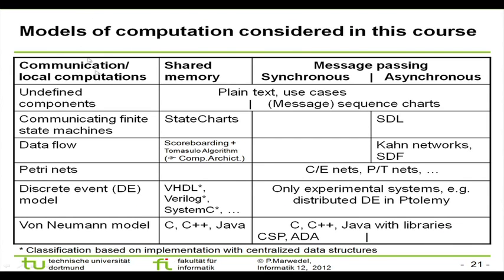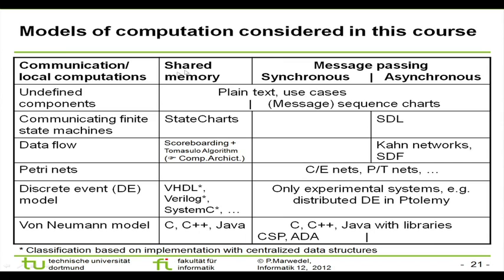So, we will be considering some models of computation here, may not be all. Plain text is of course there, that you know. We will talk about state charts, where we are classifying these based on two things: one is the computation and the other is the way of communication.